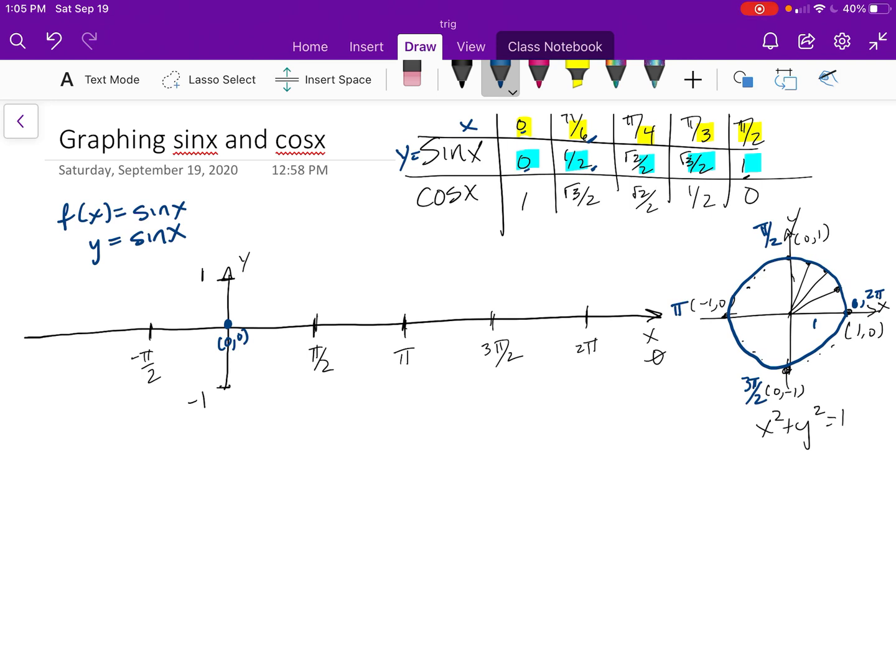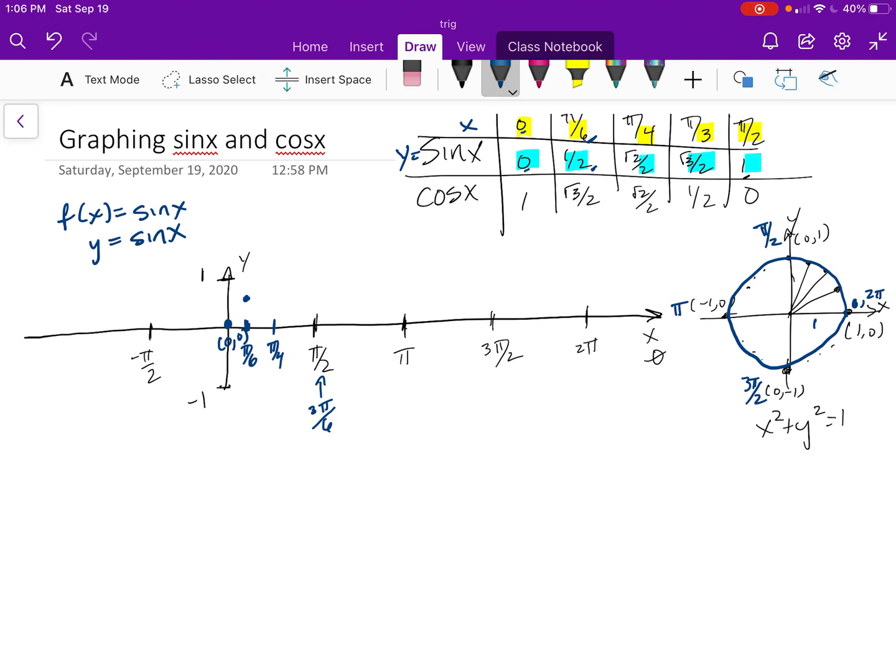So pi over 6. Well, if this is half a pi, it's somewhere right here, right? Pi over 6, we get 1/2, something like that. Pi over 4 is exactly in the middle here. My pi over 6 might be off a little, that's okay, because this is like 3 pi over 6 here, right? 1/2 is 3 over 6.